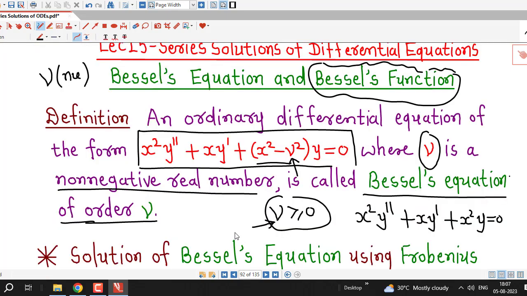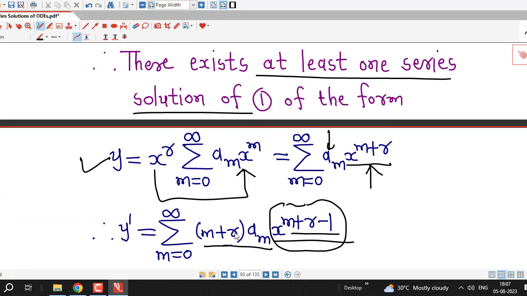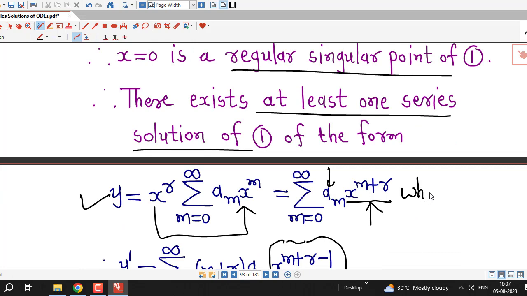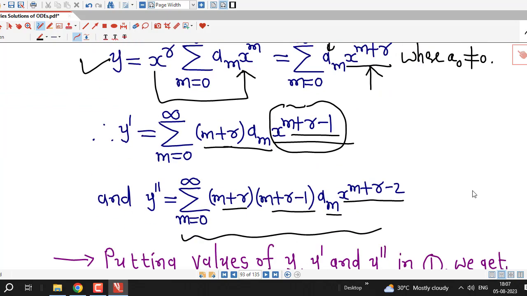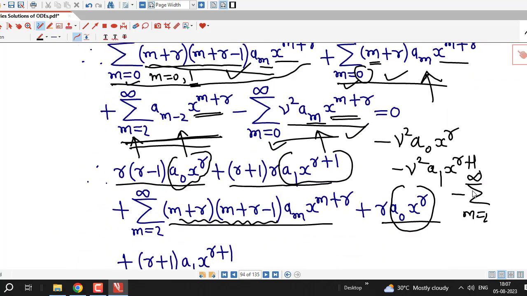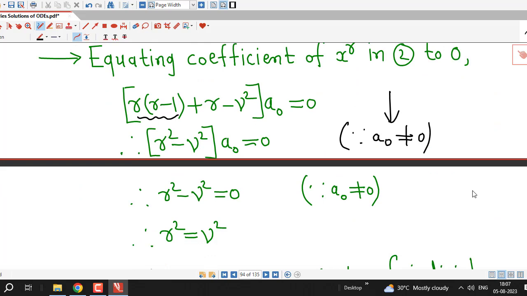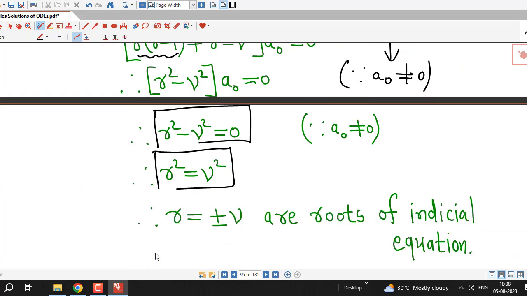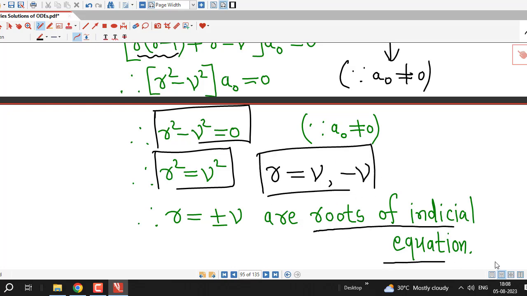So whenever we assume our series solution, we should mention that we assume that a0 is non-zero, and because a0 is non-zero, we have r² − ν² equal to 0, and therefore r² equal to ν², and therefore there are two possible values of r: r equal to ν and r equal to −ν. These are the roots of the indicial equation, which is r² − ν² equal to 0.